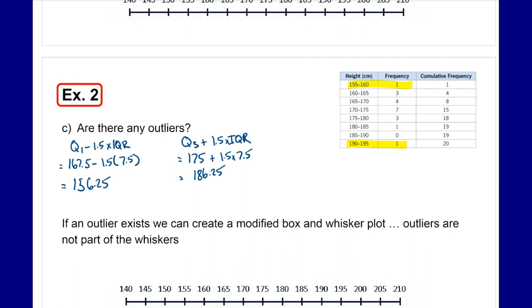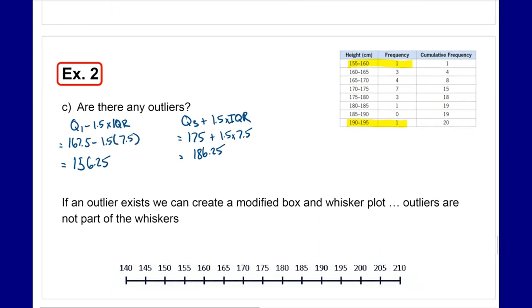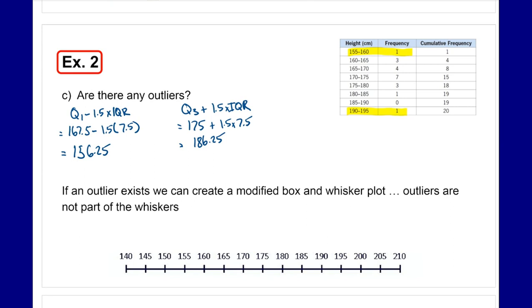So what we can do now is recreate our box and whisker plot to accurately show the outliers. When you use technology to create these box and whisker plots, some software will determine these outliers for us. So we can say that the lower one, the 155, that low end, is an outlier.